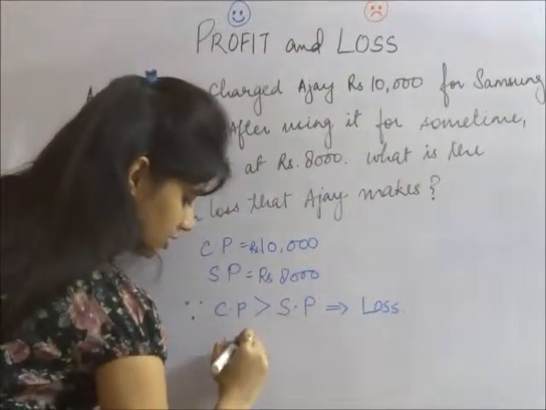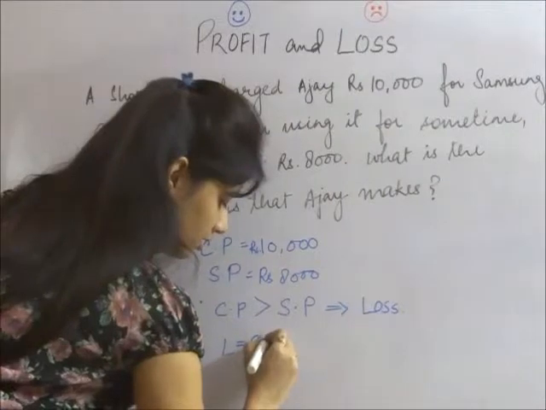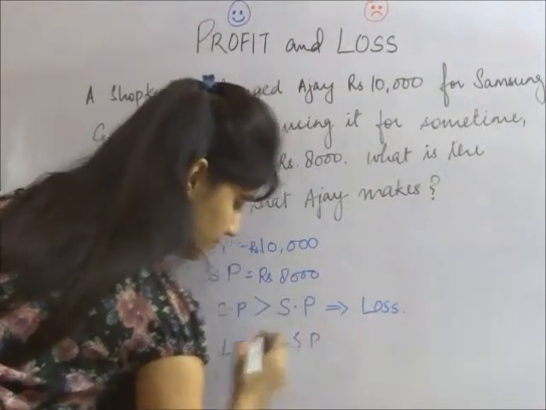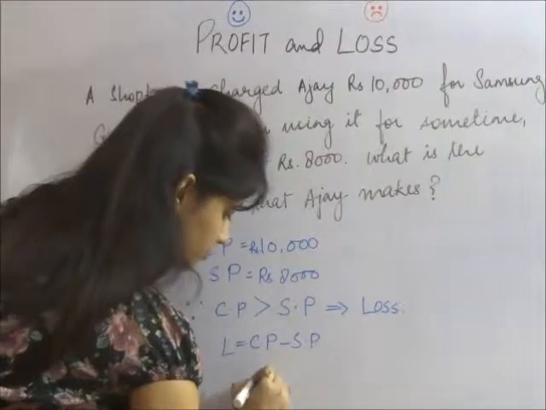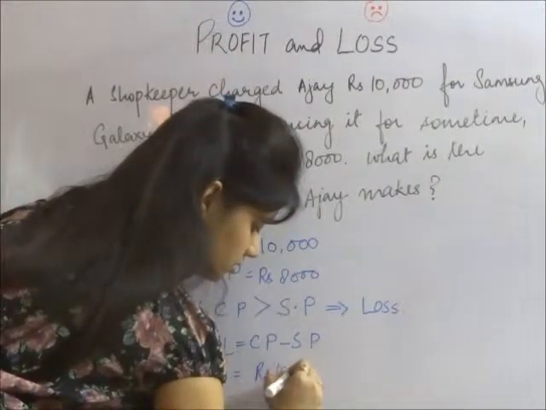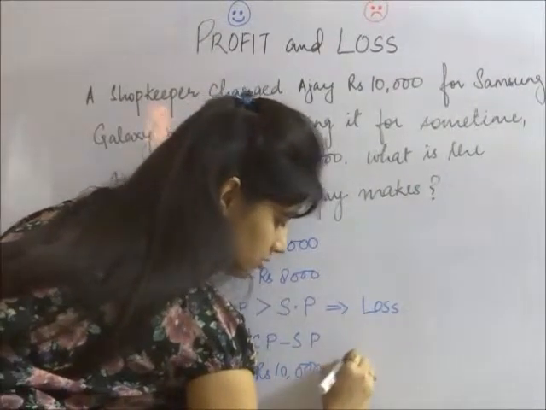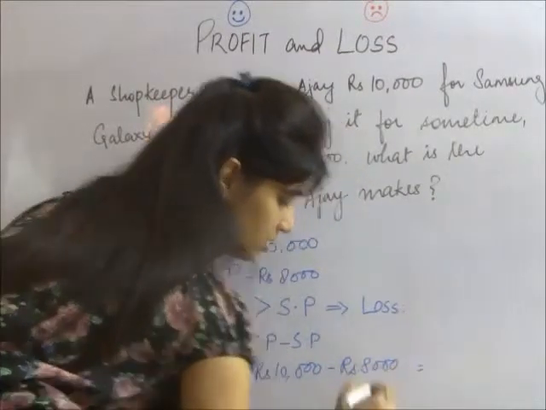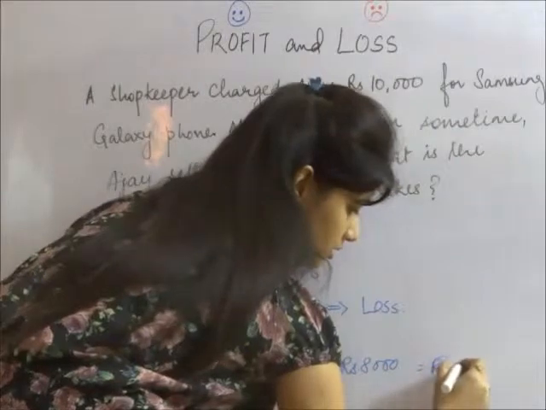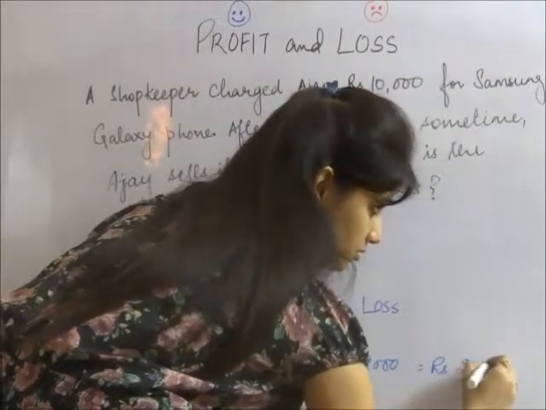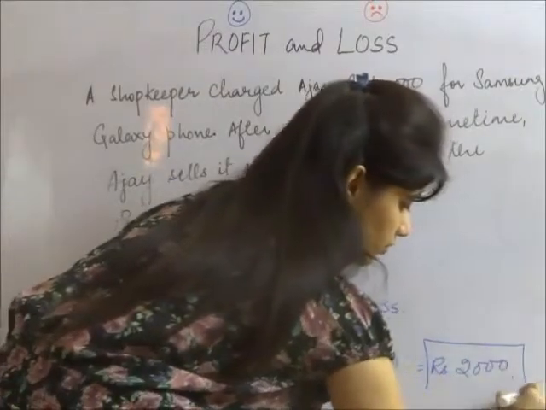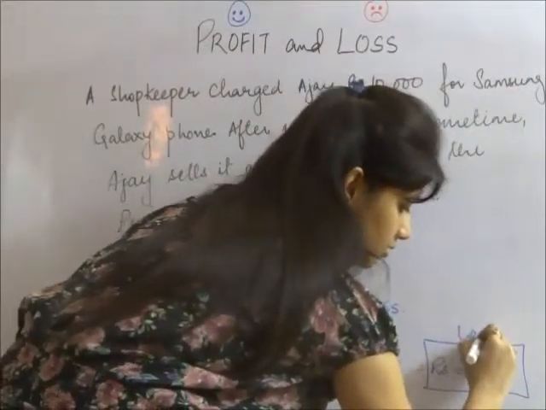For calculating loss, the formula is L is equal to CP minus SP, which is equal to rupees 10,000 minus rupees 8,000, which comes out to be rupees 2,000. So Ajay booked a loss of rupees 2,000.